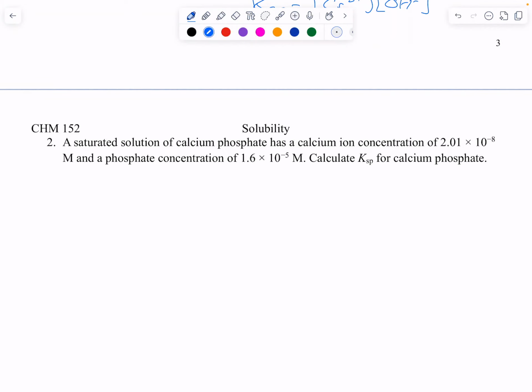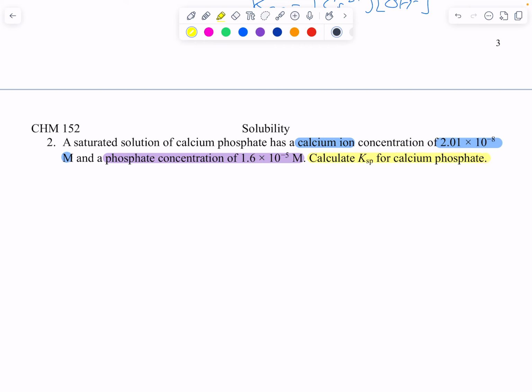A saturated solution of calcium phosphate has a calcium ion concentration of 2.01 times 10 to the minus 8. And so we got calcium and phosphate. And we're going to calculate Ksp for calcium phosphate.